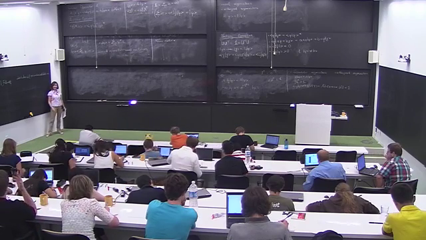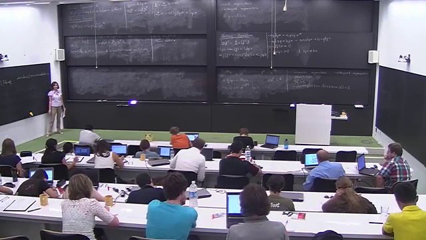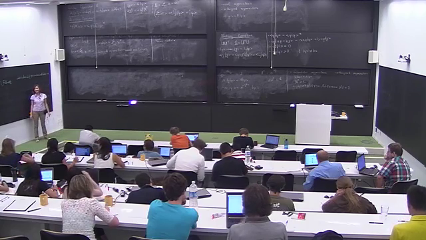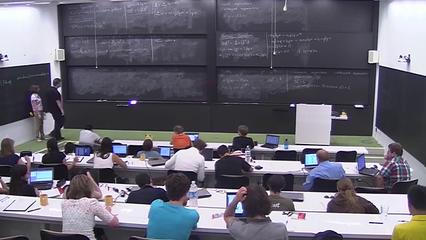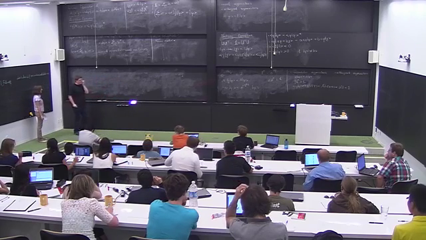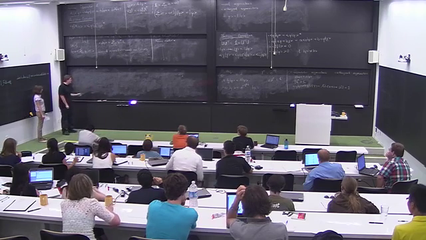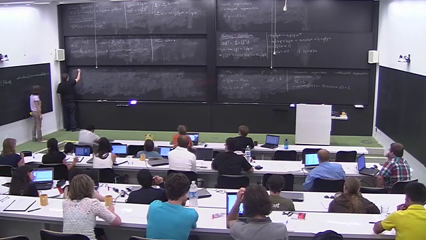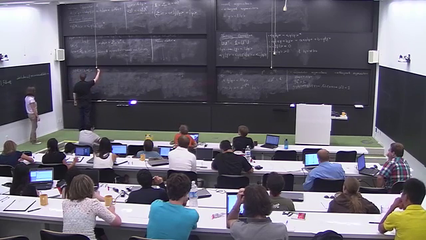So depending how particular we want to get, we do have to assume that the eigenvalues are non-zero, which is okay because it's invertible. But otherwise, let's see. Two sets of eigenvalues.